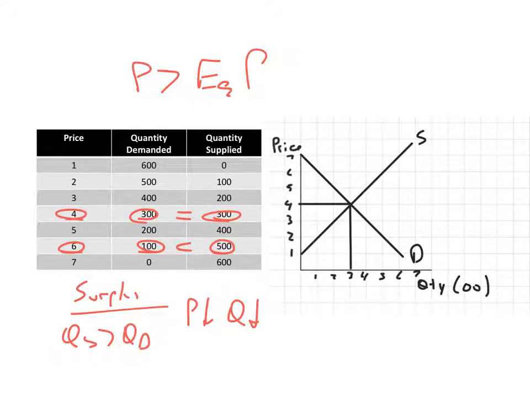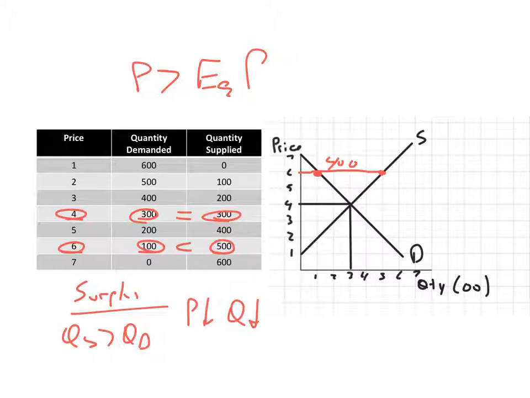And so we can see this not only in the schedule, but also in our graph. At a price of $6, we see that quantity supplied is greater than quantity demanded. In fact, we know that this is a 400 unit surplus. Firms see their inventories piling up.